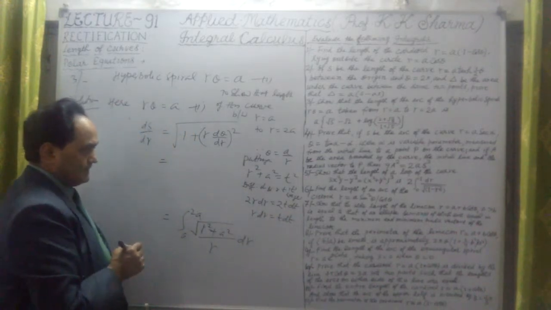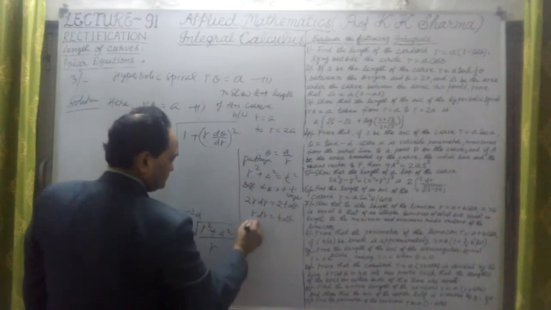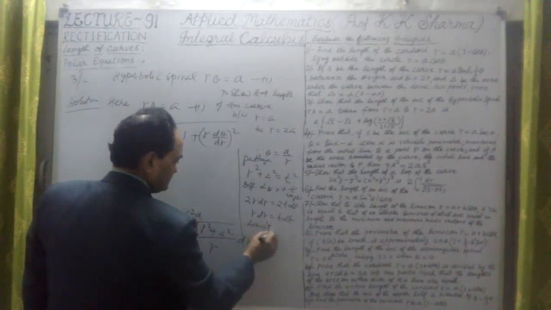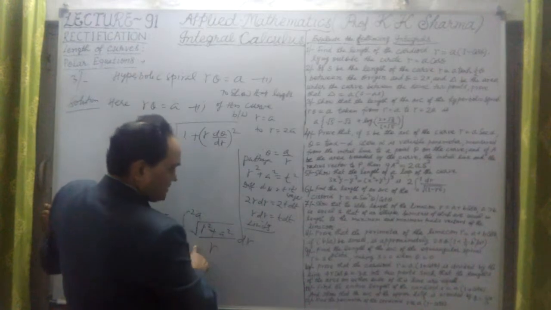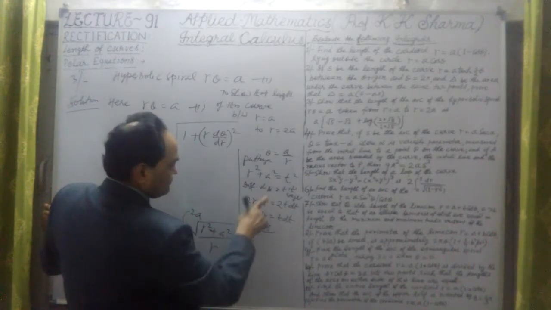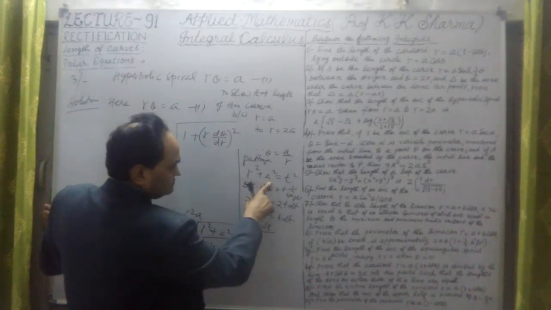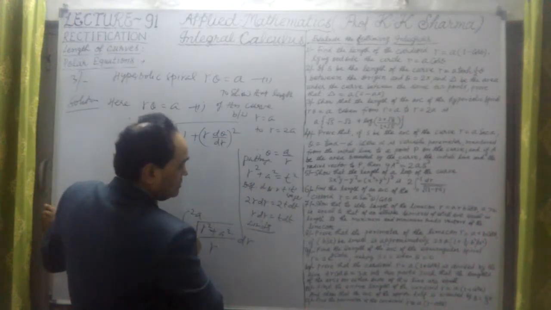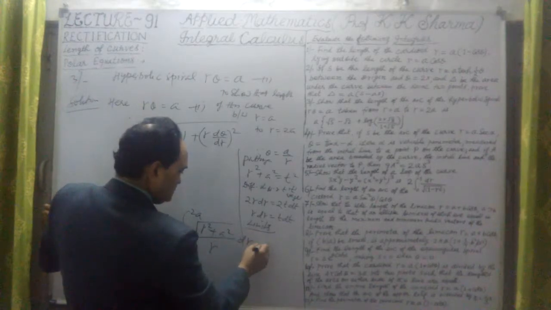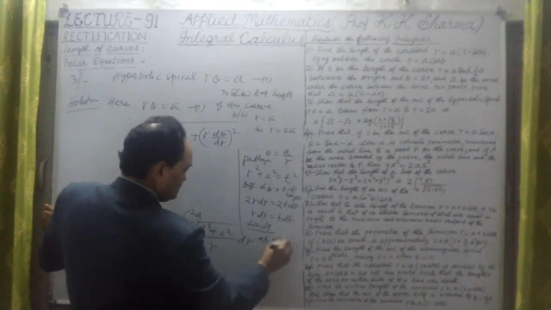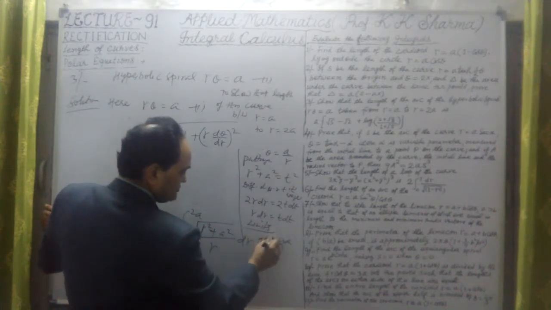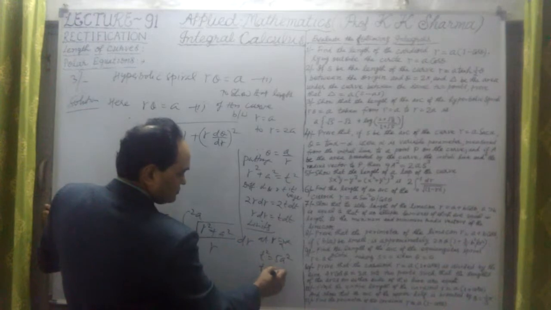What are the limits here? Let me find out. At r equal to a, this is twice a square, so t equals a under root 2. For the upper limit, r equal to twice a, t square equals 5a square, or t equals a under root 5.